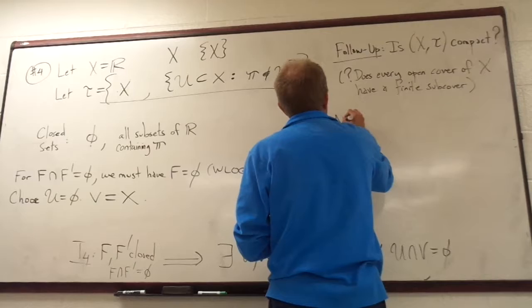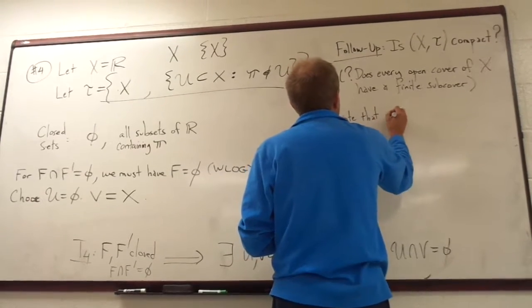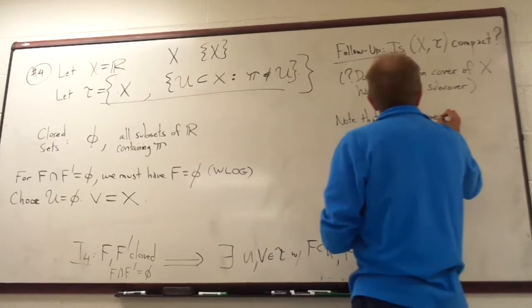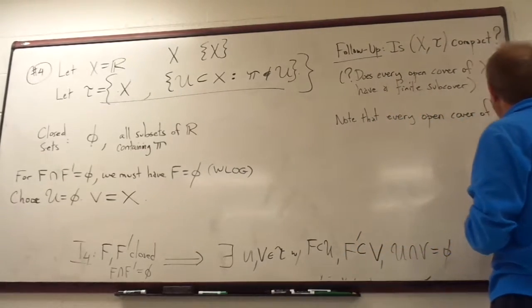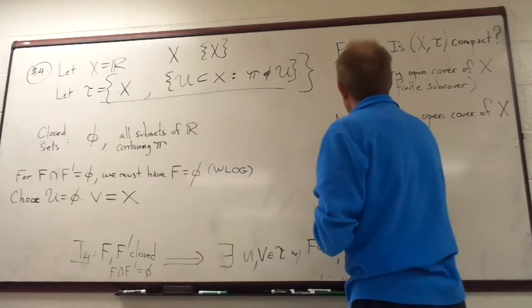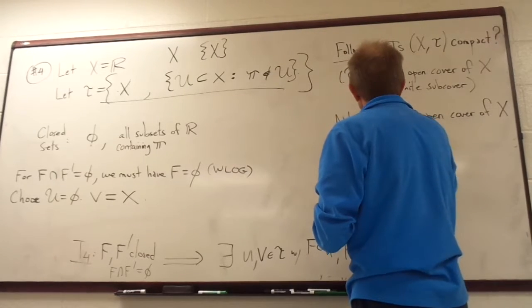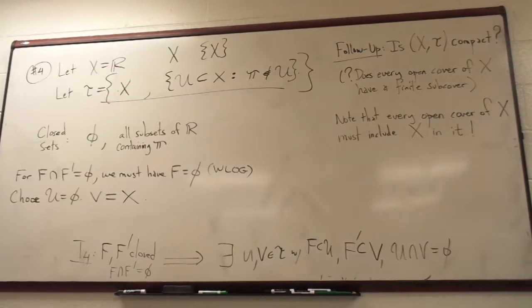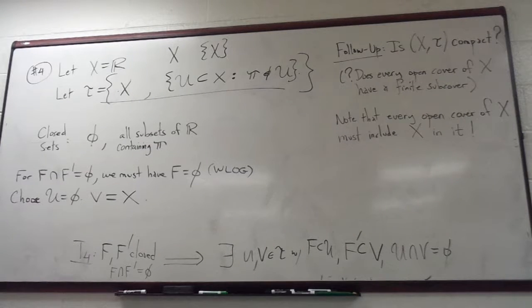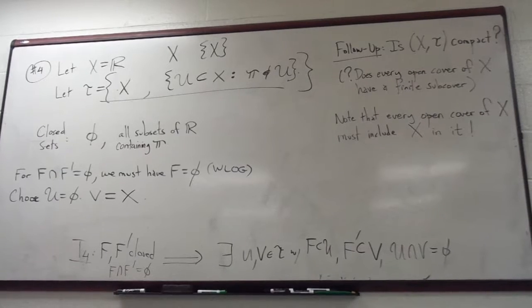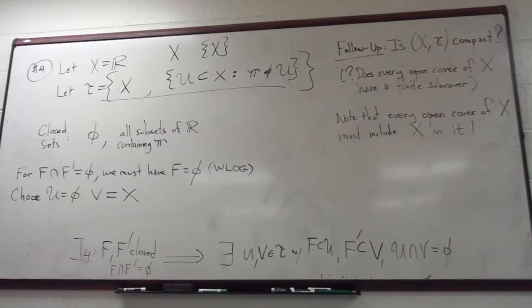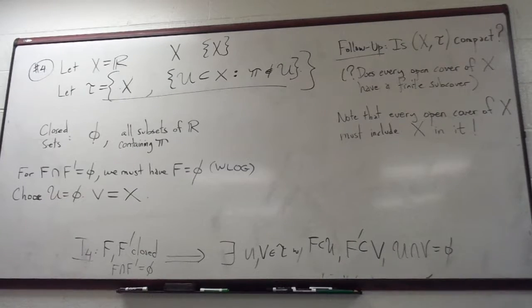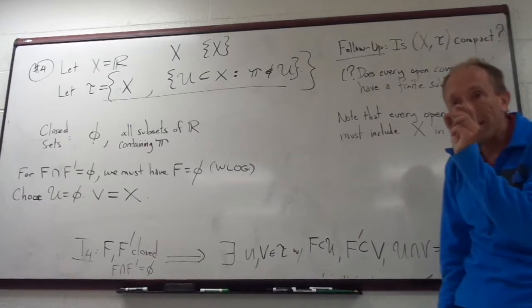Okay, let's write that down. So note that every open cover of X must include X in it. So then the question is, will there be a finite subcover? Just the X by itself. Right, exactly. When I say a finite subcover, I don't mean the set itself is finite.